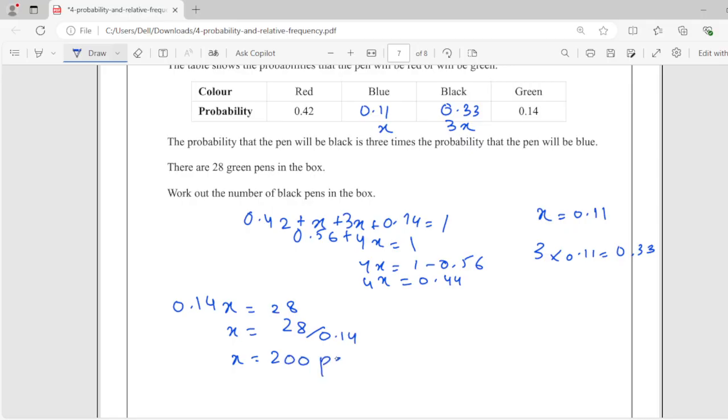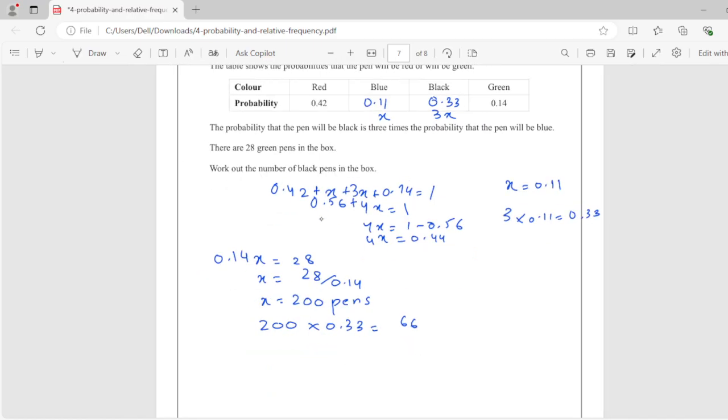So there are 200 pens in the box. The number of black pens, the probability of getting a black is 0.33. 200 times 0.33 is 66. There are 66 black pens in the box.